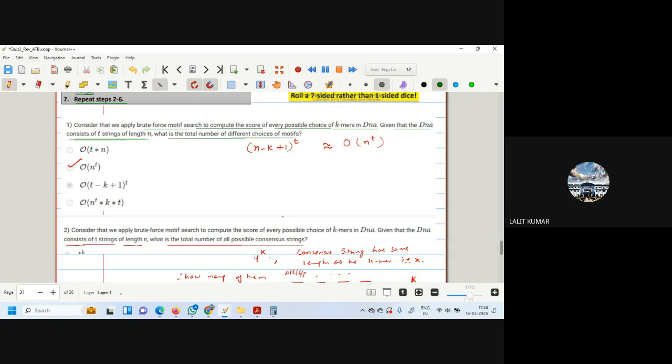I had covered this earlier. From each string we can have n minus k plus 1 k-mers, and for t strings, your search space is (n minus k plus 1) to the power t. That is O(n to the power t). Is this okay?